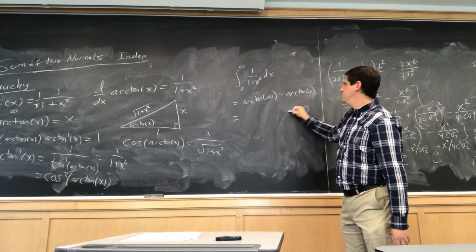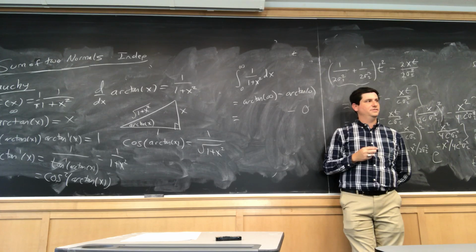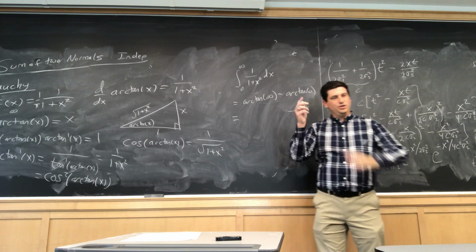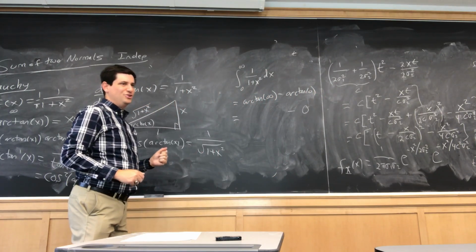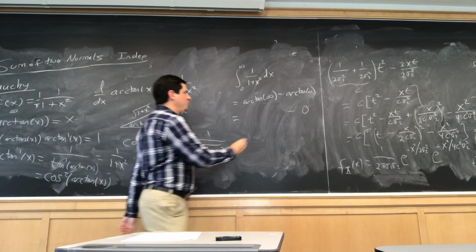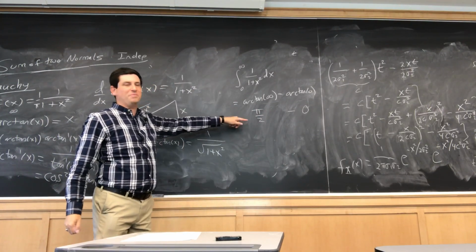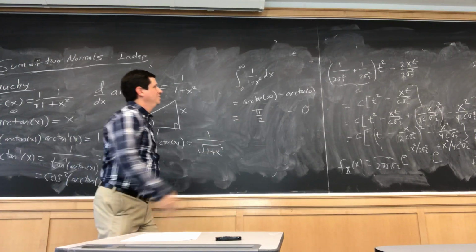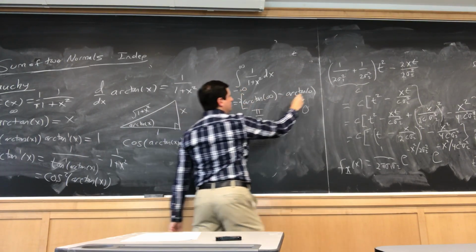What angle has a tangent of infinity? When cosine is 0, the horizontal part is 0. So what angle has a tangent of infinity? Pi over 2, because we always do these in radians. So if we integrate from 0 to infinity, we get pi halves. So if we go from negative infinity to infinity, we just have to double things by symmetry.